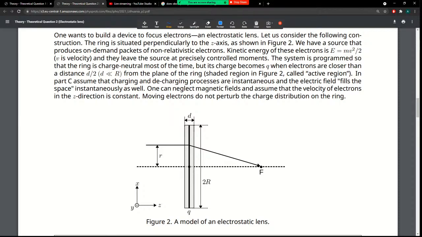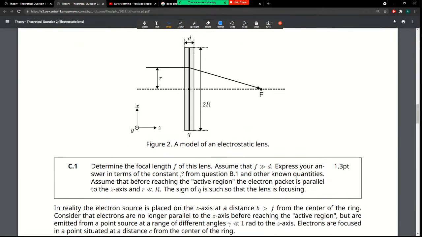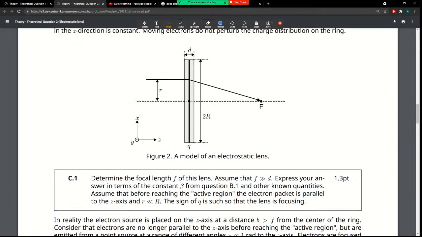In part C, assume that the charging and discharging processes are instantaneous and the electric field fills the space instantaneously as well. One can neglect the magnetic field and assume that the velocity of electrons in z is constant. Moving electrons do not perturb the charge distribution of the ring.